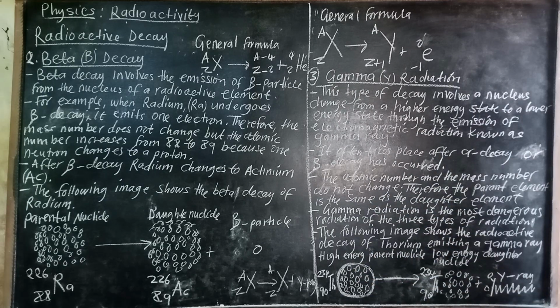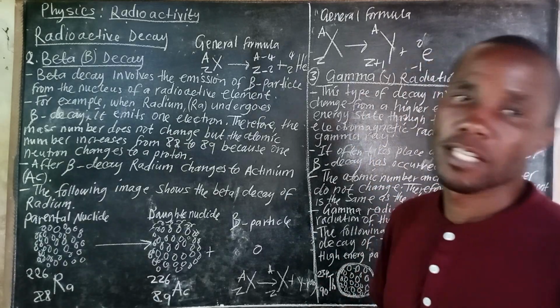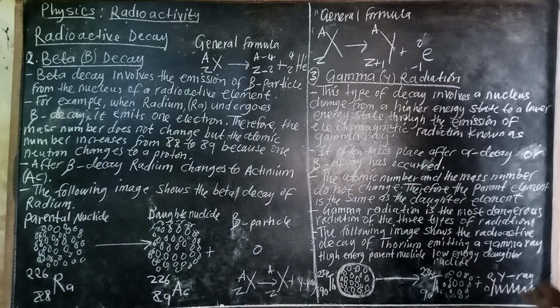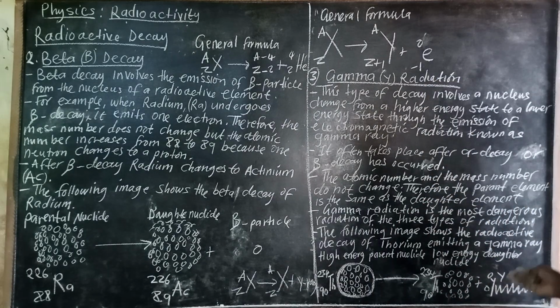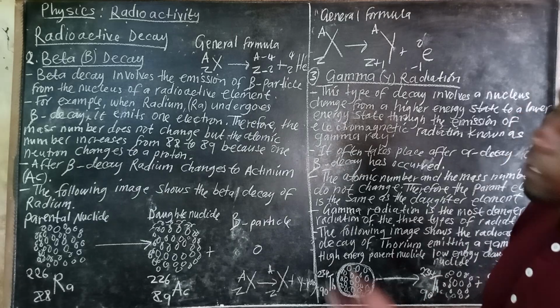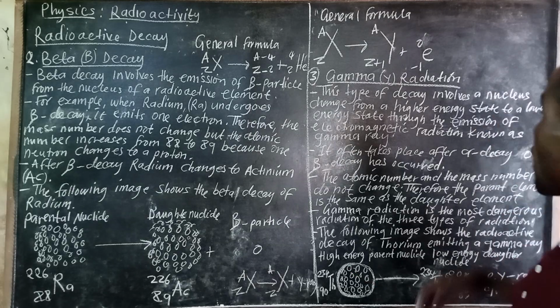Then plus the gamma ray, with mass number 0 and atomic number 0, because no particle has been given off.